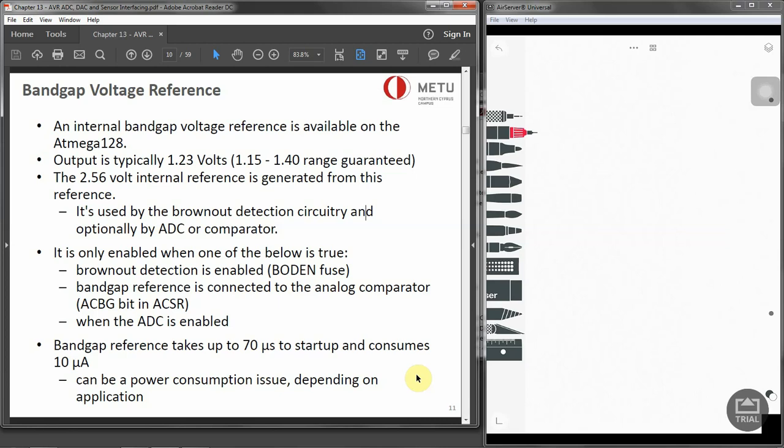For example, a sensor is an input transducer. It converts a process variable, the temperature, the pressure, the wind, etc., into an electrical signal. Or an actuator, which is an output transducer, converts an electrical signal to a process parameter.